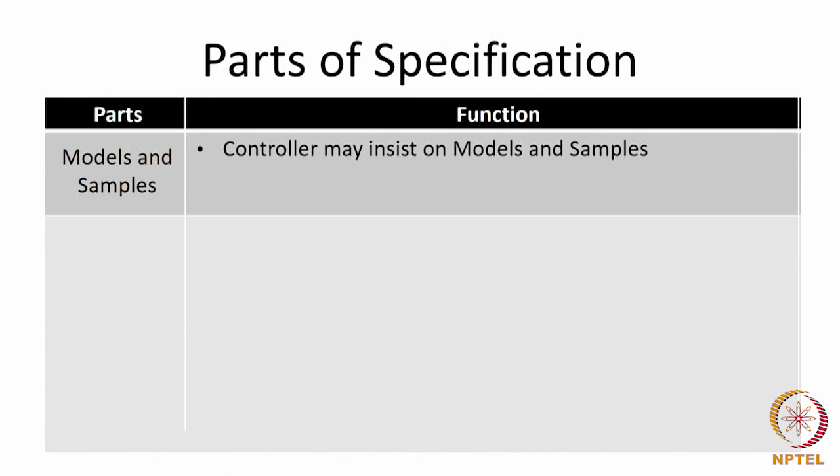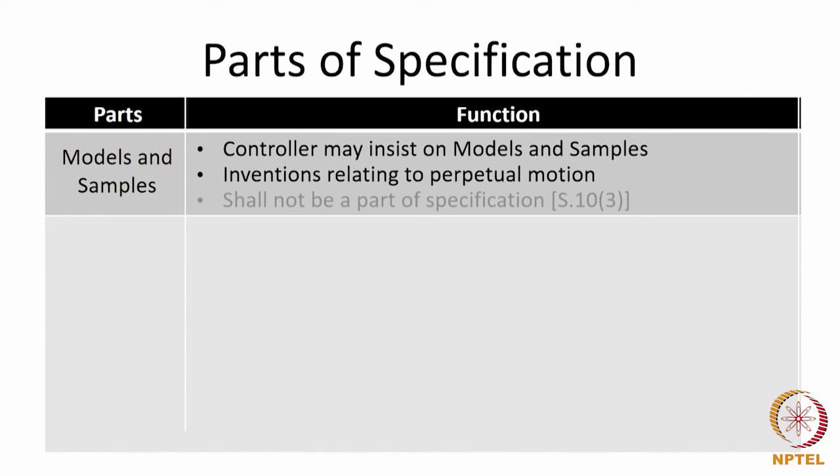Models and samples are not mandatory. Invention relating to perpetual motion, the manual says that if somebody claims an invention for perpetual motion, the patent office may insist on a working model. The models and samples shall not be part of a specification, whereas drawings are considered to be a part of the specification. So that's a difference between models and samples and drawings.